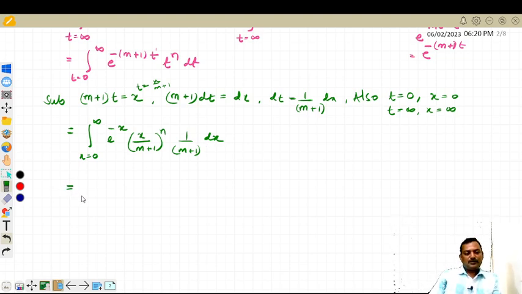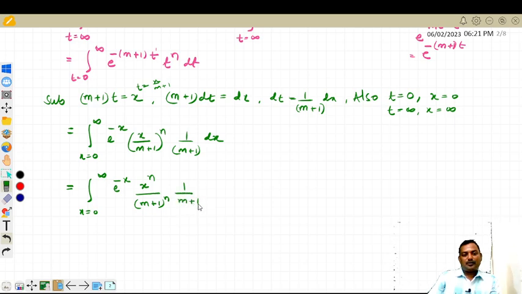Further, which is equal to integral, x runs from 0 to infinity. Okay. This is e raised to minus x. To separate it, students, x raised to n divided by m plus 1 whole raised to n into 1 by m plus 1 dx.